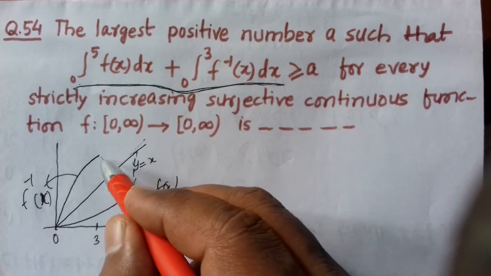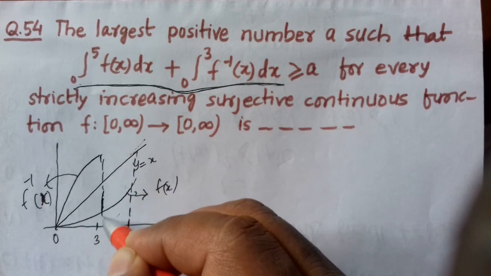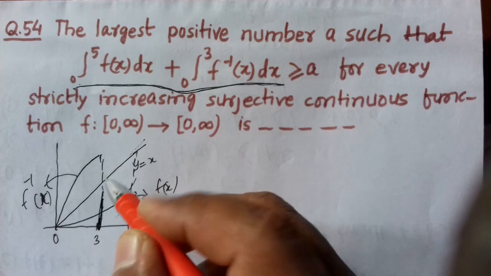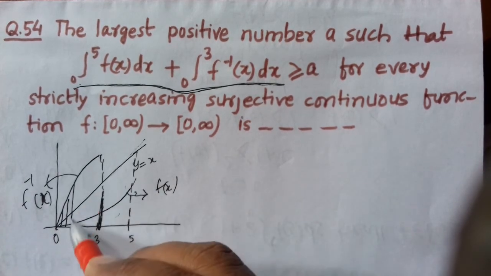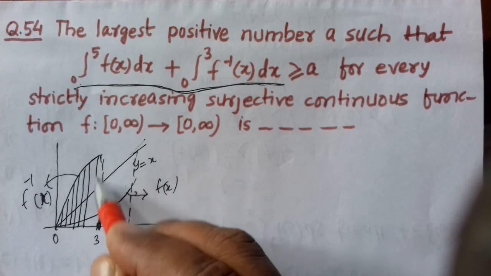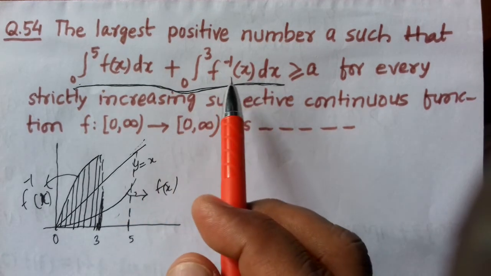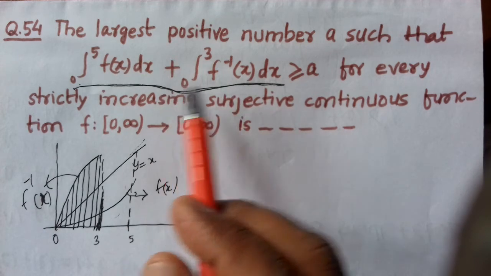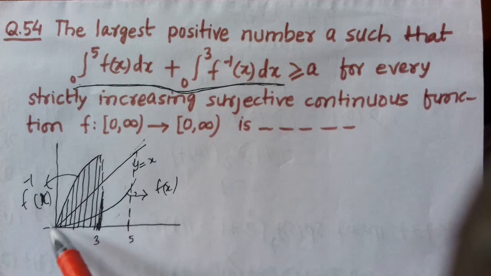So the first area, you may see that this is the first. We can set this, you can set here, this area, plus there is also the second integration, which I have shaded. You see 0 to 3, 0 to 3 for f inverse.